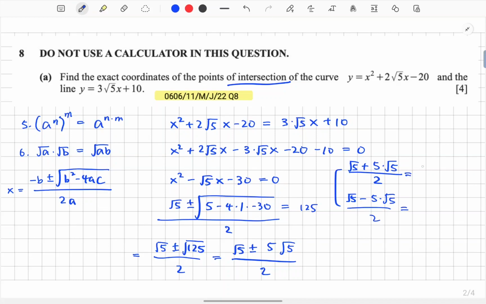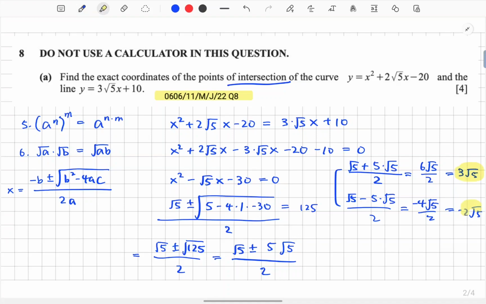And the first one is 6 times root 5 over 2, which is 3 root 5. And the second one will be negative 4 root 5 all over 2. It will be negative 2 times root 5.